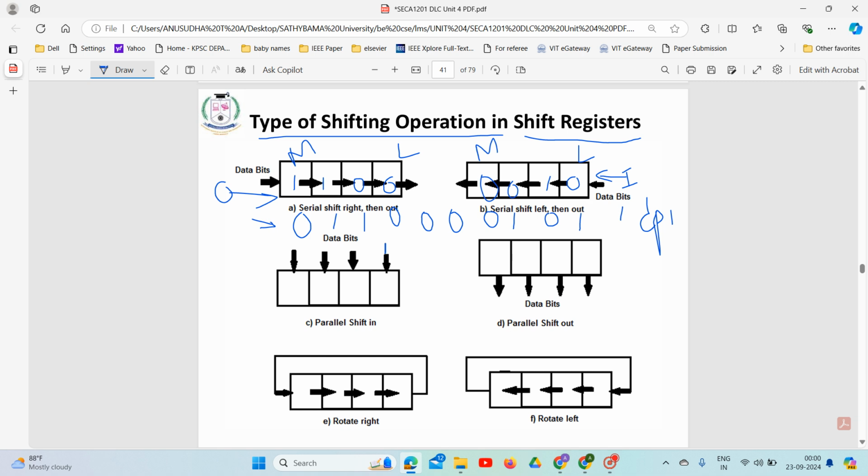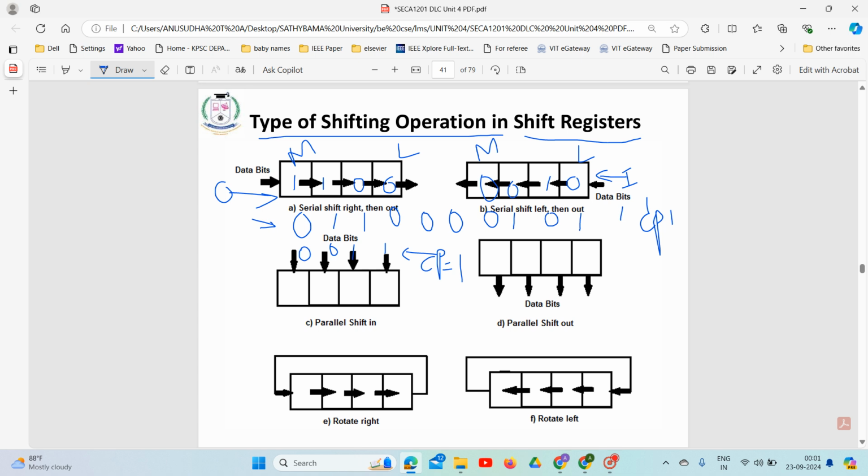If you want to store the data 1100, we have to send all the data at a time in a single clock pulse in order to store it in the shift register. Then we take out the stored data from the respective flip-flops at a time.